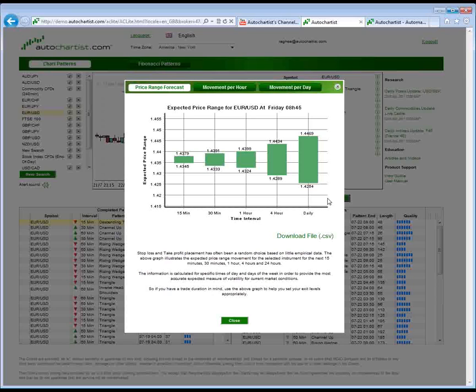Okay? All right, so the expected price range for the next 15 minutes on the Euro US dollar is 43.79 to 43.45. Now, again, this will update every 15 minutes, and what this gives me an idea of really is potential support and resistance, right? Let's break this down to the most usable and most realistic application, which is this is essentially support and resistance.